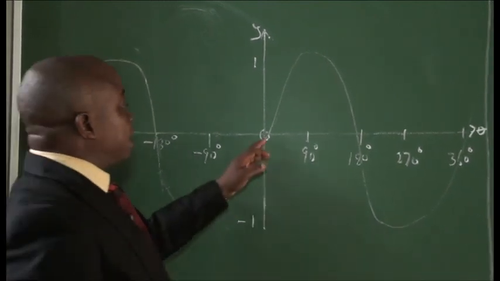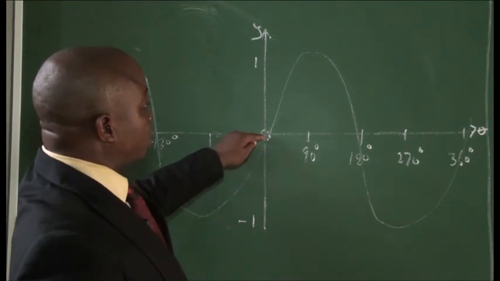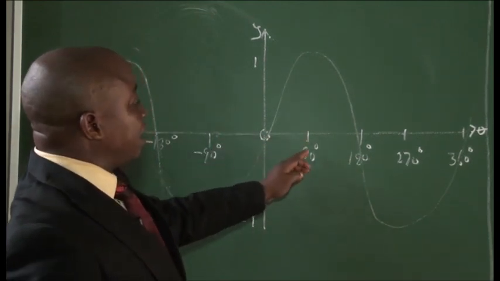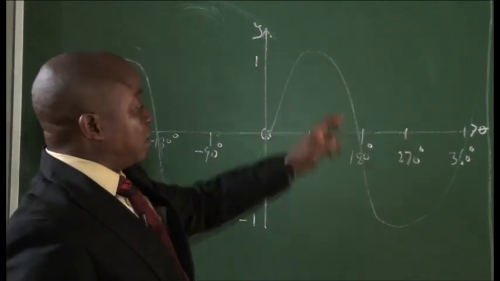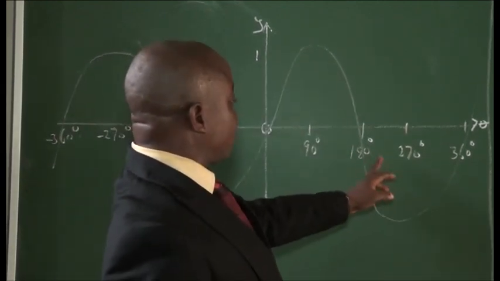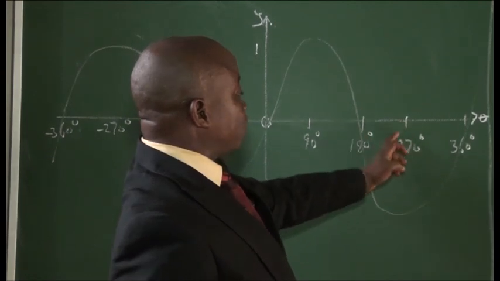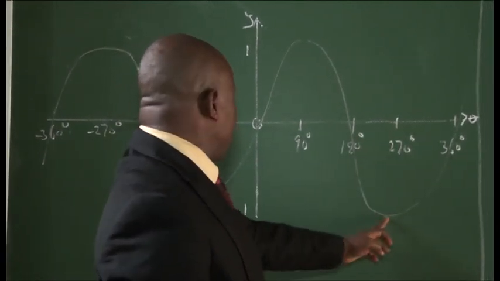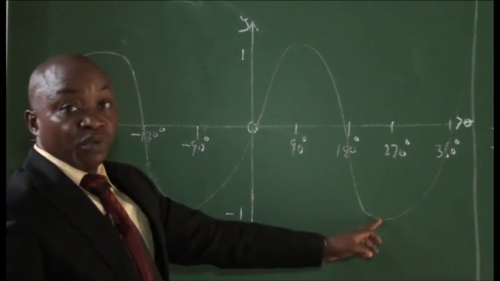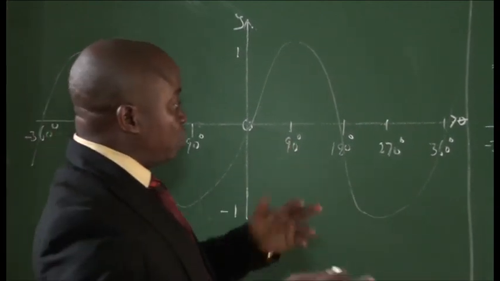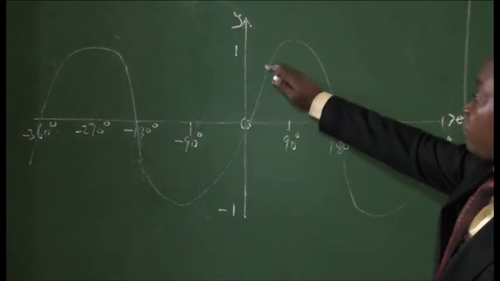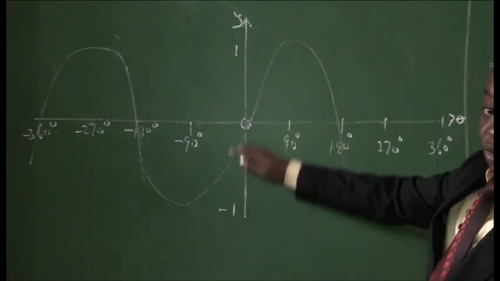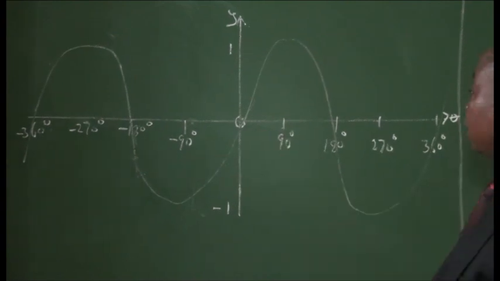Sine 0 is also 0. You cut it at 0. At 90 degrees, we have 1. And then at 180 it is 0. At 270 degrees, you have minus 1, which corresponds to those tables that we filled. So we see that the highest values are 1 and minus 1. It's very important to note that.